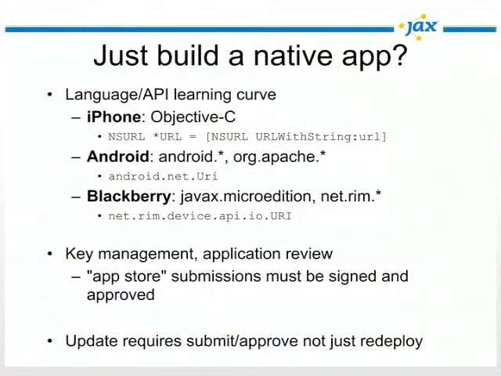Okay, well, there's Android and BlackBerry, where at least we're developing in Java, but then you find out that you can't use the standard Java APIs. If you want to use a URL, you use android.net.uri, or a lot of Android packages, or org.apache packages. On BlackBerry, there's net.rim.